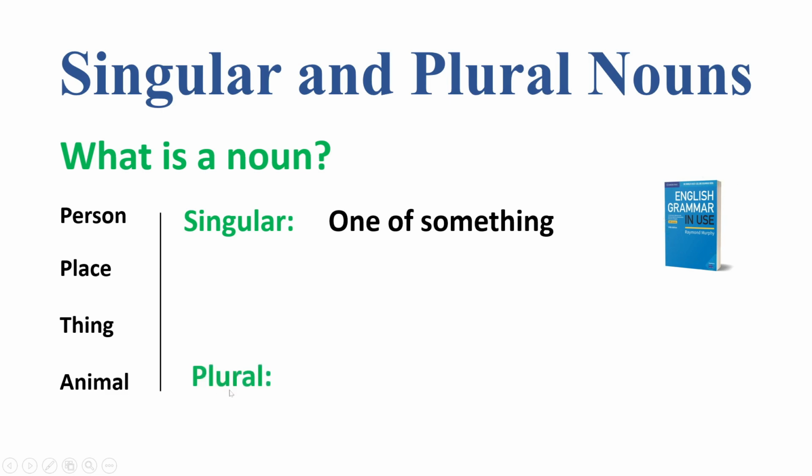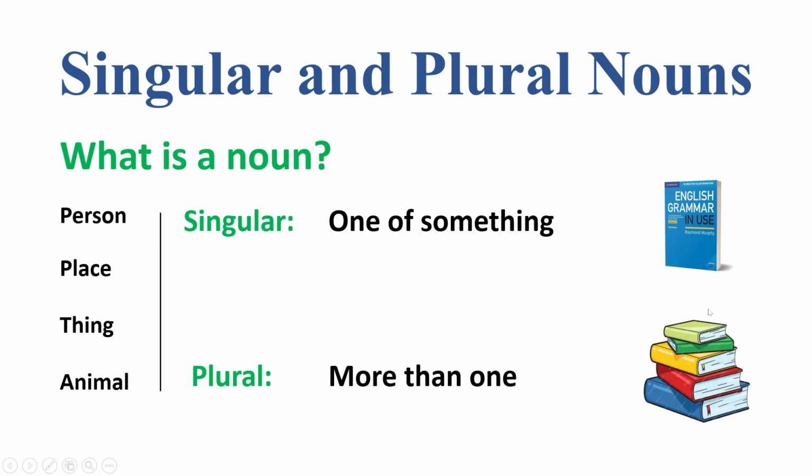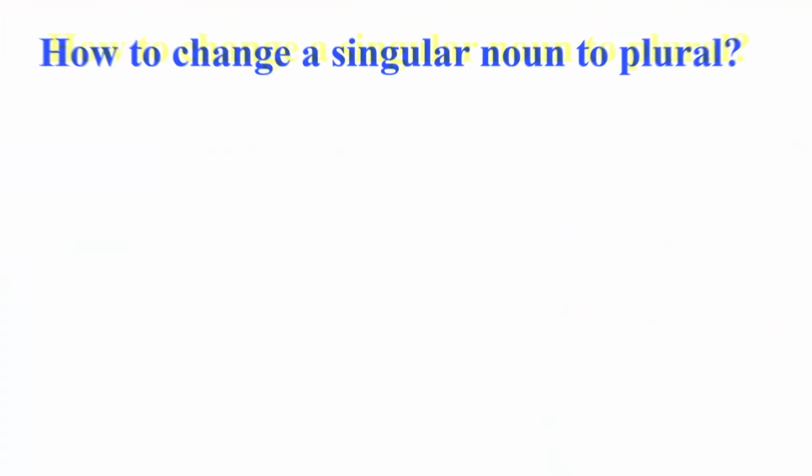But plural means more than one, like this example. So this is plural because there is more than one, but this is singular. Now that you have understood the difference between singular and plural, let's continue the lesson and learn how to change a singular noun to plural form.